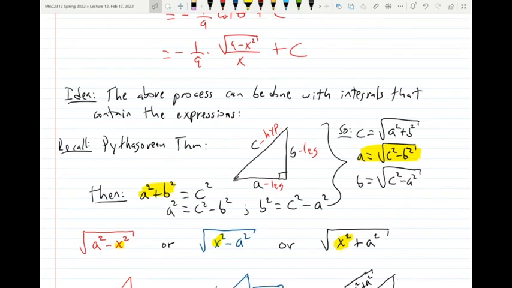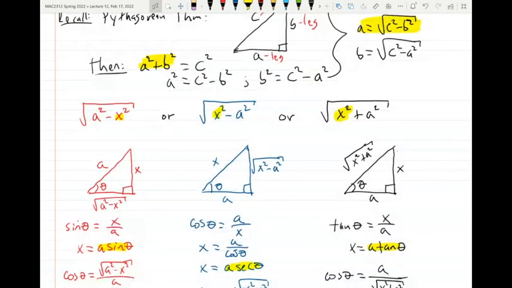Okay, so my red triangle has that form. That means the first number that shows up, the A squared, the A is my hypotenuse, and the other one is one of the legs. Here you have a choice. You can put the leg that I chose or the other one. That will make a difference in whether the substitution is a sine or a cosine substitution. It doesn't matter.